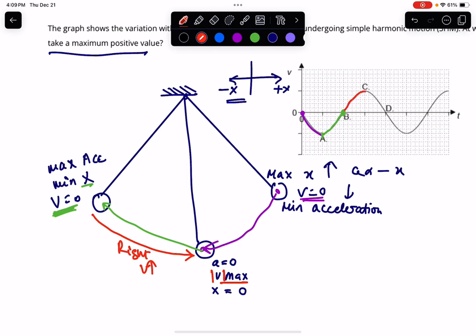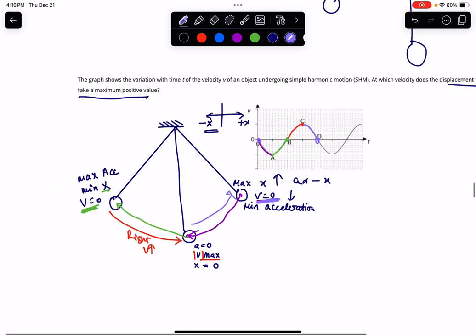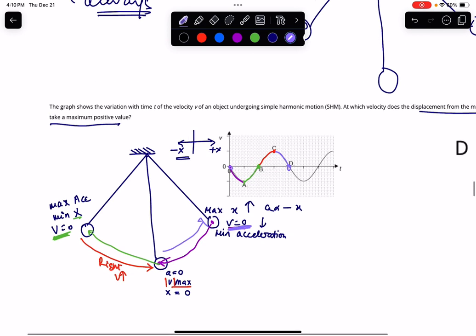So that's why you have a maximum velocity at C. And then after that, you're going back to the starting point. So remember, we started off from the maximum amplitude, and the velocity at the maximum amplitude is 0. So you end up at 0. Okay? So this is the color-coded way of how the pendulum is moving.